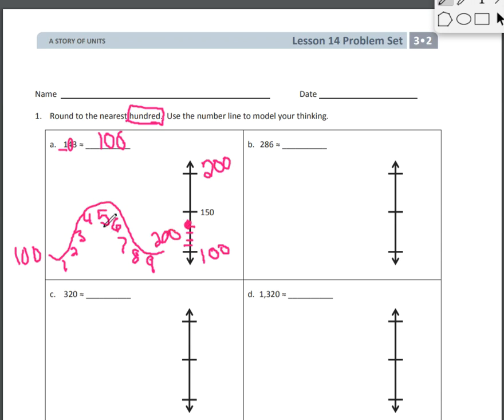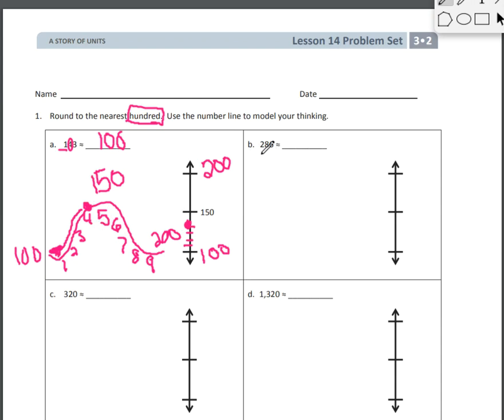This would be where that 150 comes in because these numbers have changed from the ones place to the tens place. We counted by tens here, 100, 110, 120, 130, 140. 143 would be right about here. And based on what we know about gravity, that ball would roll right back down the hill to the 100s place, not the 200s.